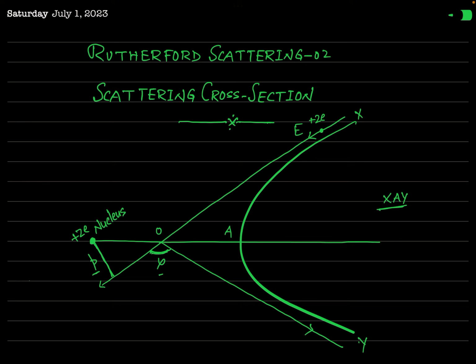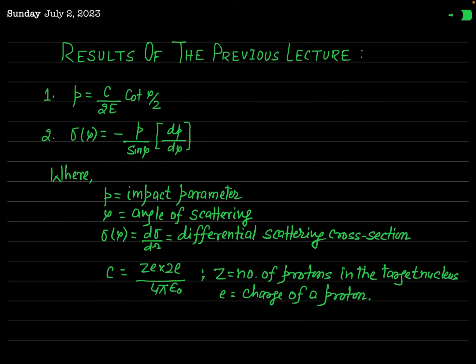So here I will mention those results directly because you have learned about these in previous lectures, and using those results we will be able to find the differential scattering cross section of this process. Okay, so let us see.